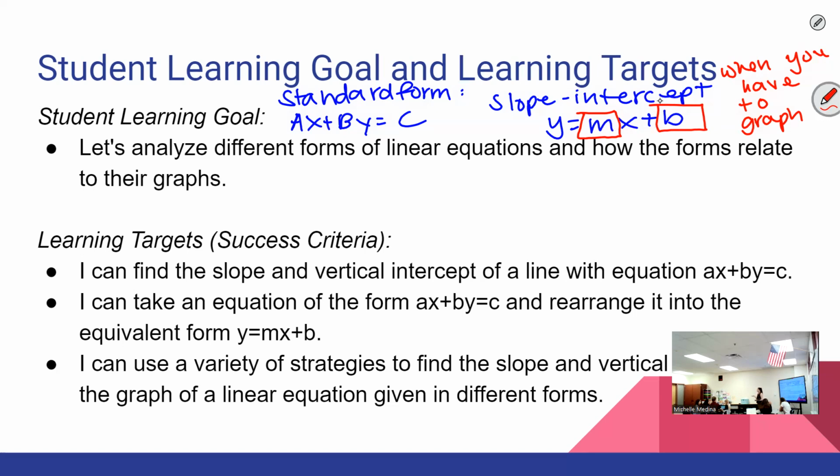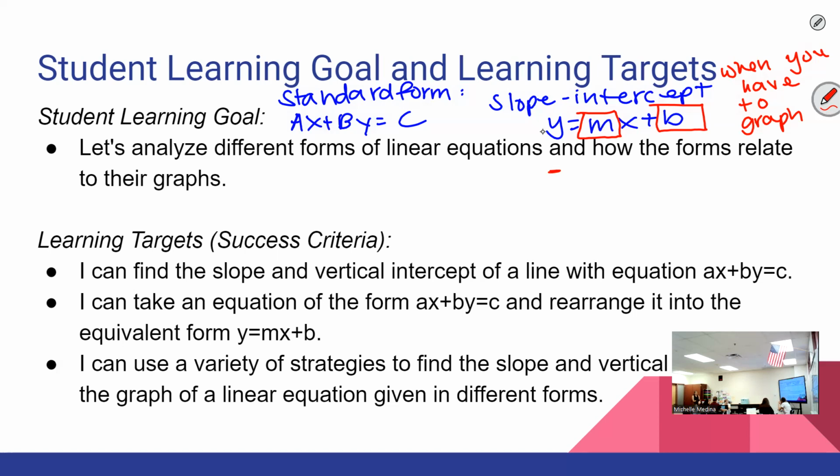If you have to graph, which you will have to do on your test, I'm not sure when or if it's going to make you graph by hand. But when you graph, what do you have to graph first? Can I just start with the slope and graph from that?